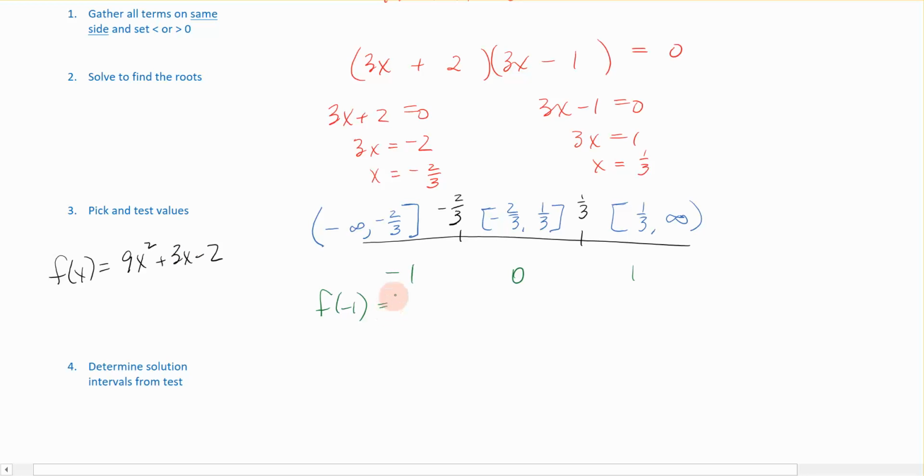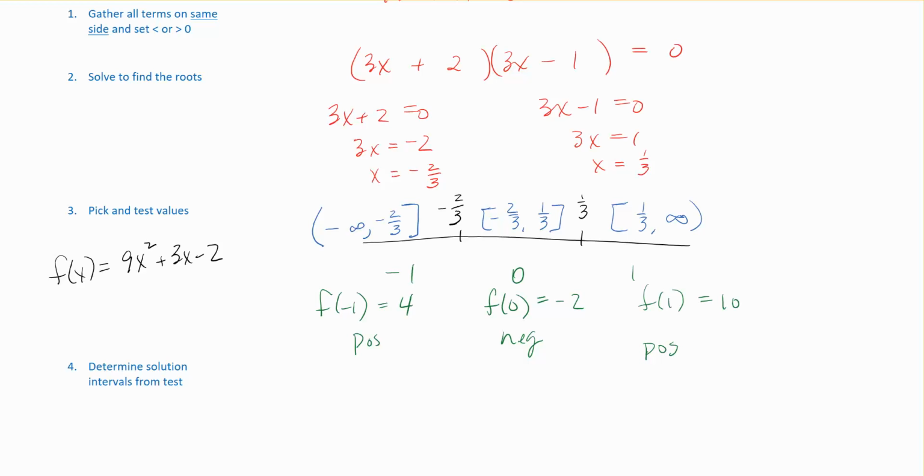When you do that, you'll find that you get 4, and 4 is obviously positive. Now you go back in and plug in 0 into this function. That would be 0 plus 0 minus 2, which is -2, a negative value. Now we're going to test what happens to my function when I replace x with 1. That's 9 plus 3 minus 2 equals 10, which is positive.